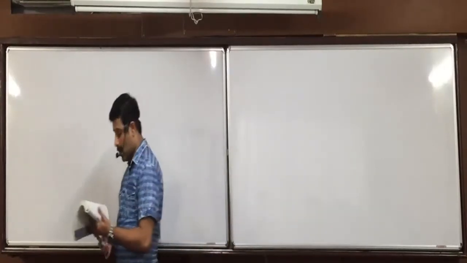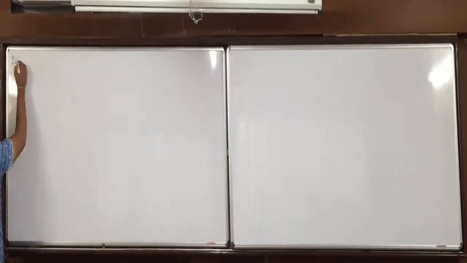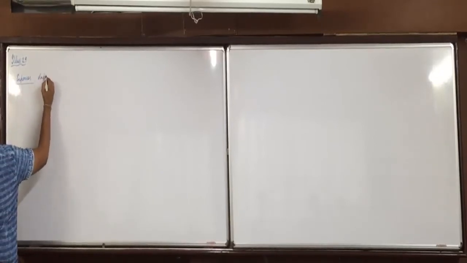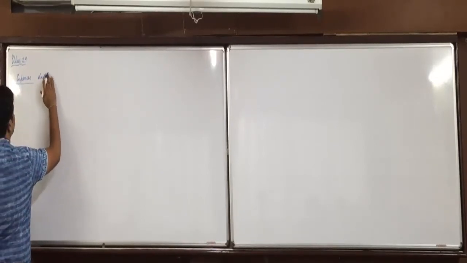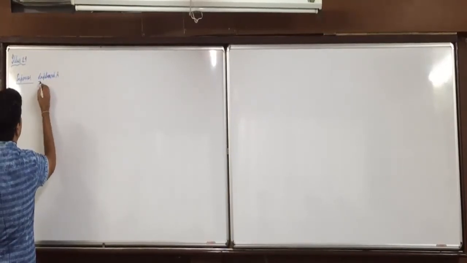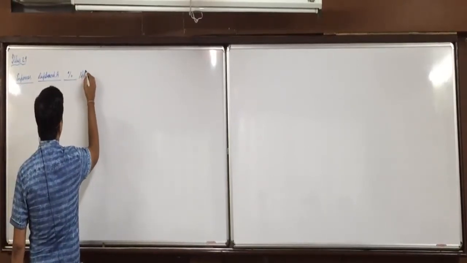Understood that? Now, how to find the split up lines and percentages here? Be attentive. First of all, we have expenses. Then cupboard A, we will have 3 columns. First is cupboard A, then its percentage, then its split up line.